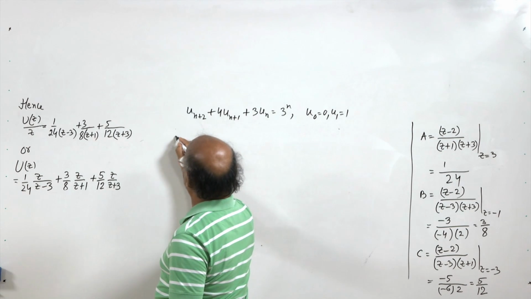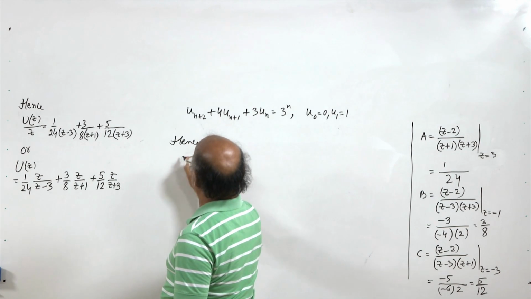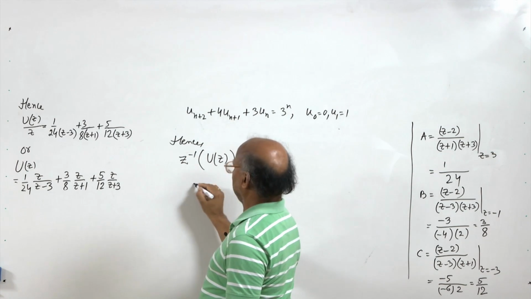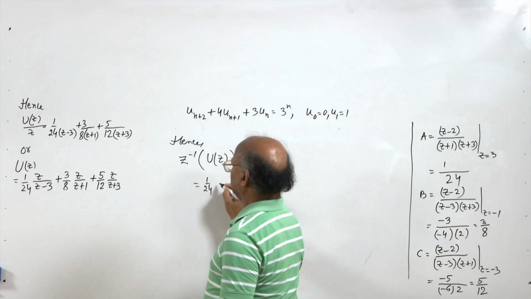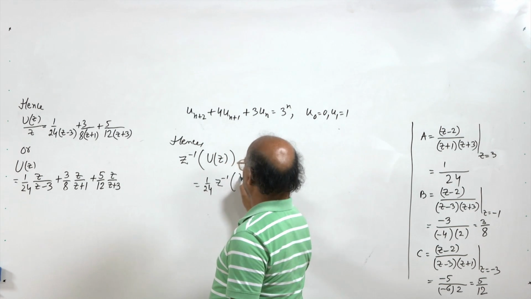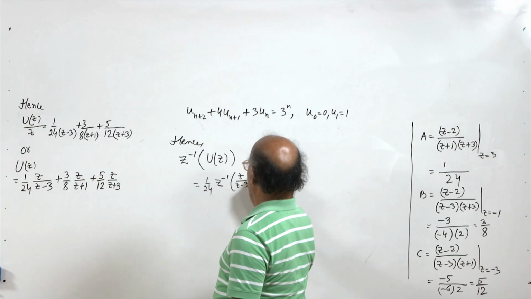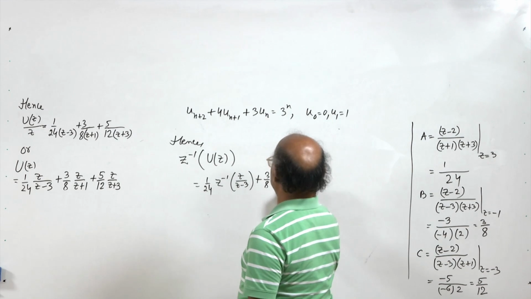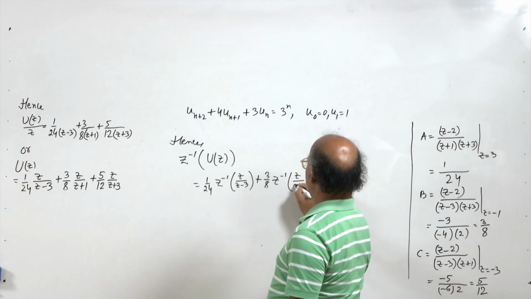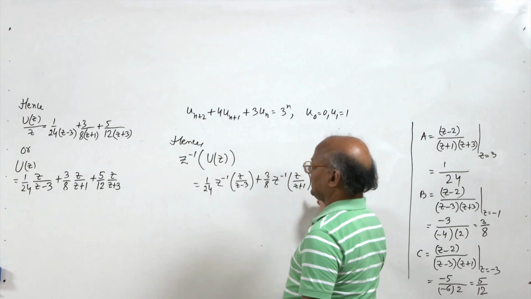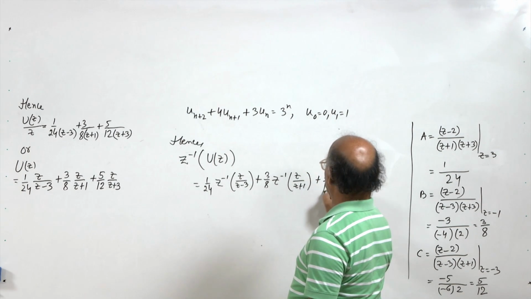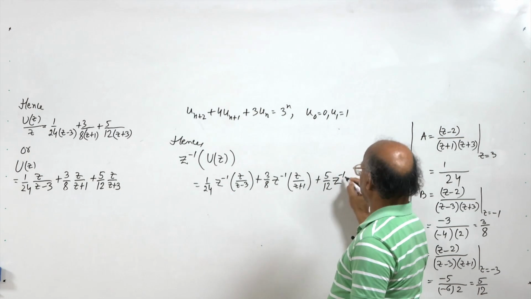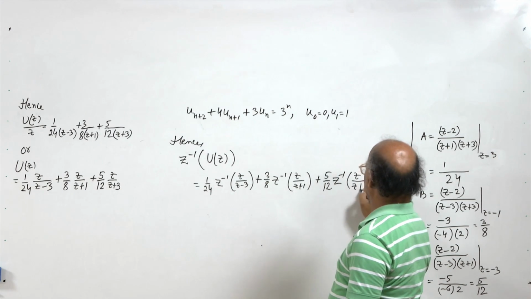So, hence Z inverse of U(z) is equal to 1 by 24 Z inverse of z over z minus 3 plus 3 by 8 Z inverse of z over z plus 1, and then we have 5 by 12 Z inverse of z over z plus 3.